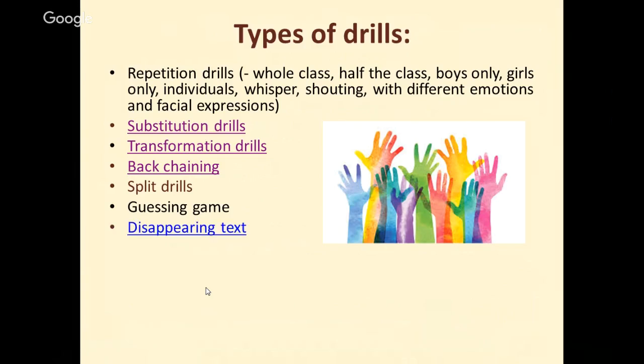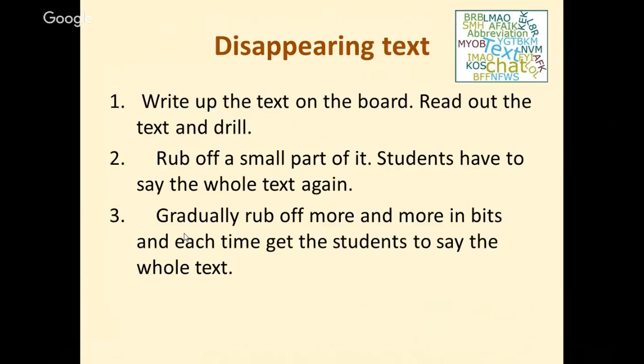Next one is the disappearing text, and this one is good for upper levels as well, and for lower ones you can have an example here. You can use a list of vocabulary or a list of functional language or a short text on the board. The teacher reads it and drills it as a repetition drill, and then the next stage is rubbing off small parts of this text or this list, and students need to produce it.